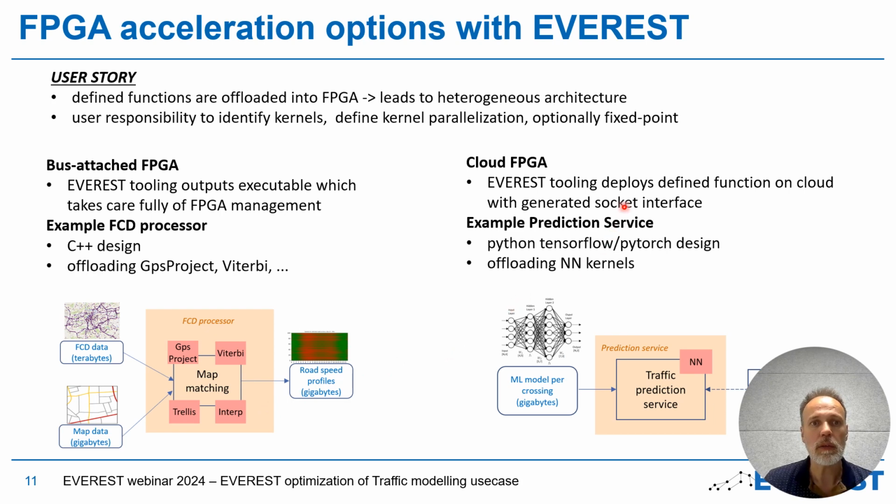In the cloud FPGA option, EVEREST tooling deploys defined function on cloud FPGA with generated socket interface. Example here is our prediction service, which is Python, TensorFlow, or PyTorch design. And here we are offloading neural network kernel on FPGA cloud.